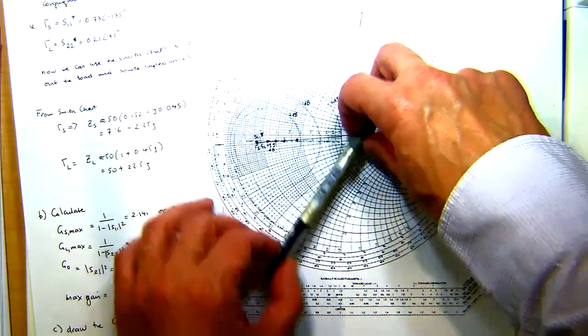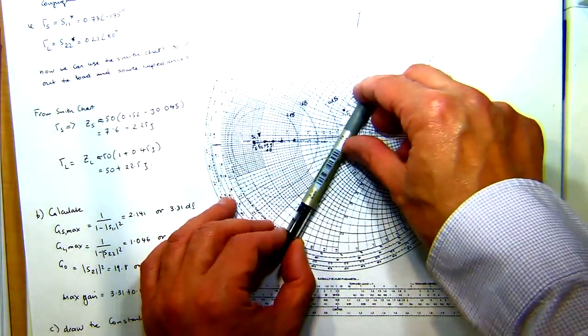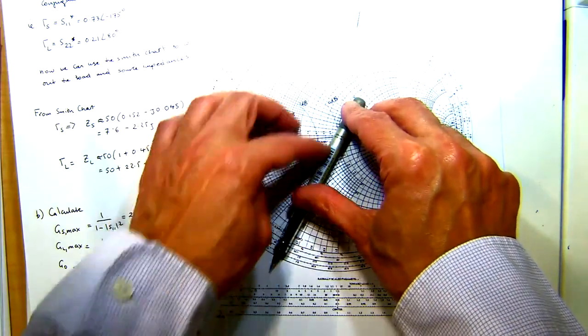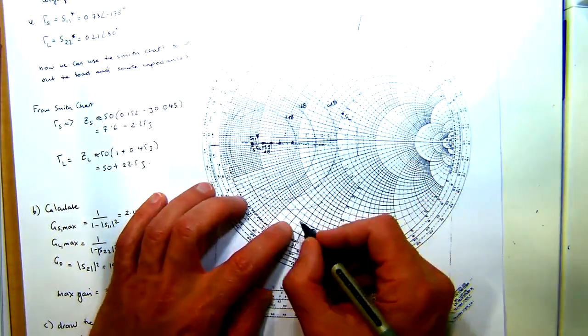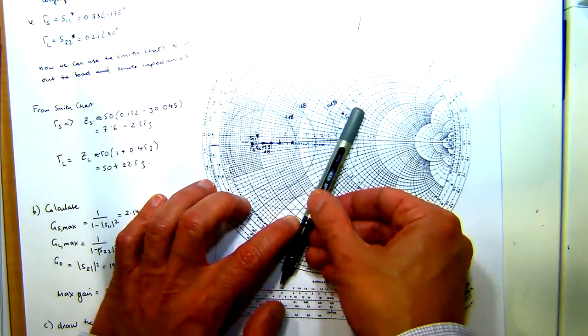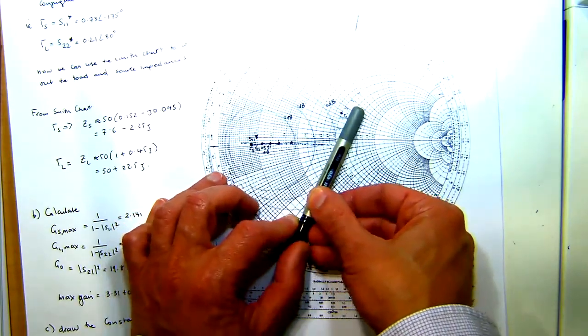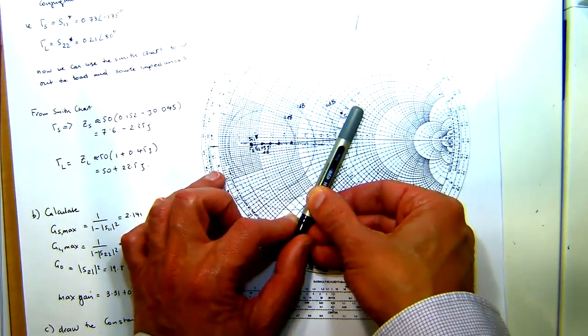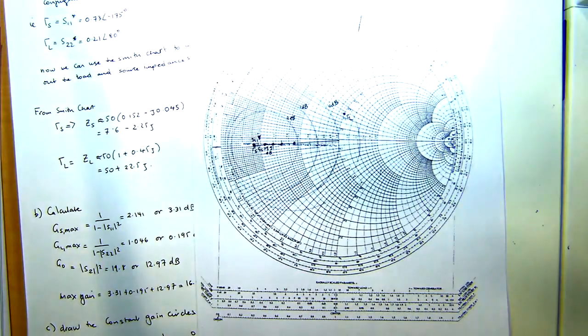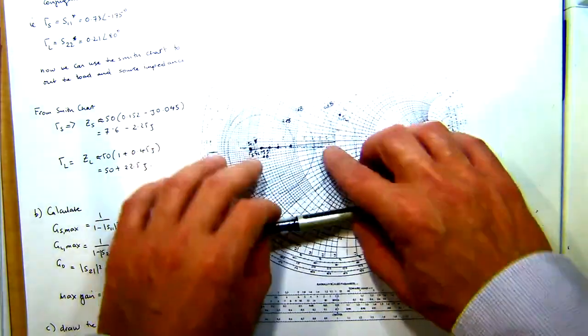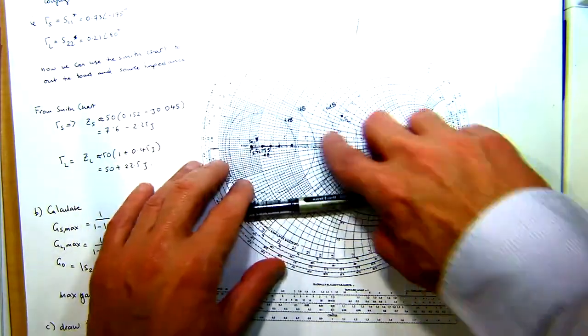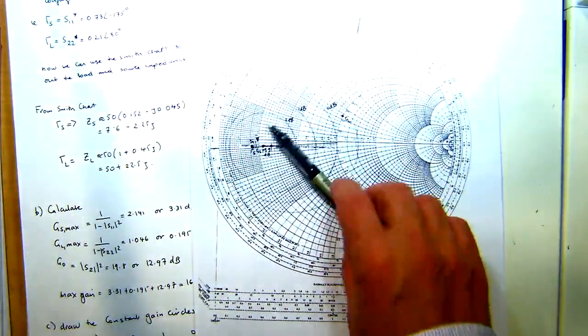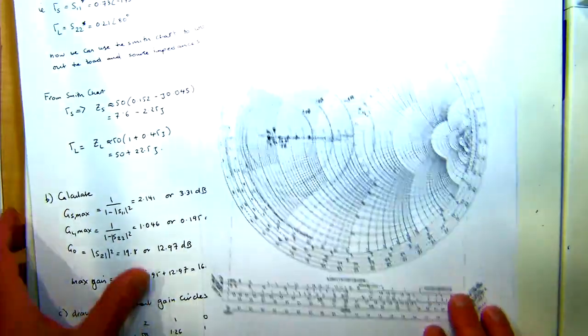So if S11 was down here, just for argument's sake, all the gain circles would lie on that particular line. I'm trying to distinguish it because that one's pretty close to the straight line across, so I wanted to make sure there wasn't any confusion there.